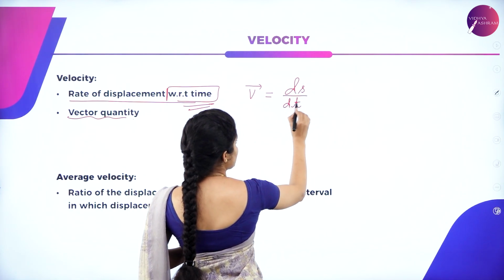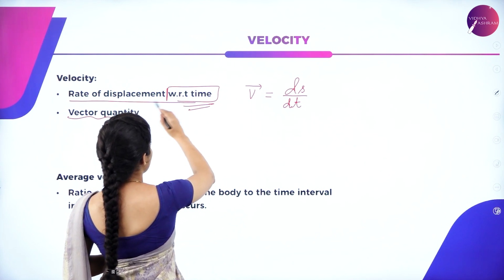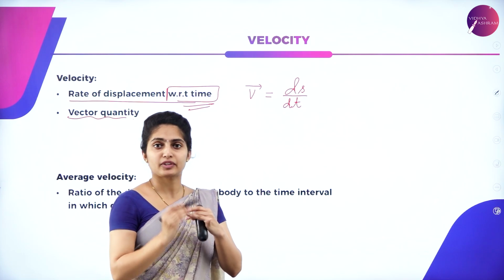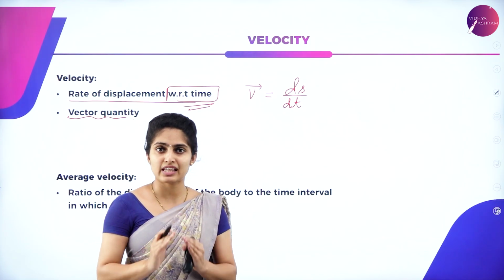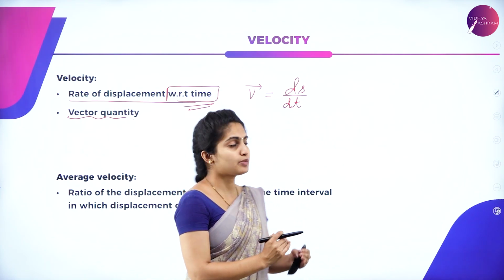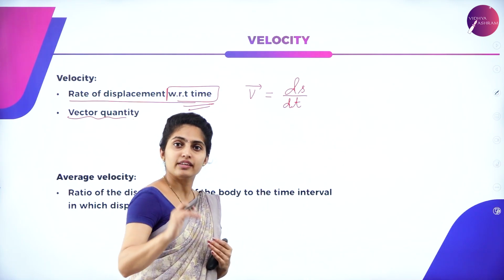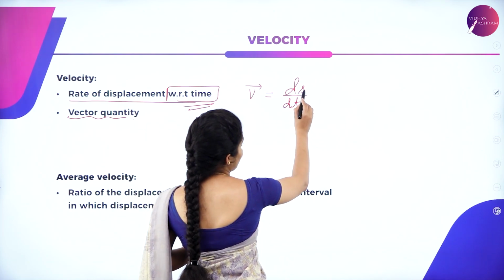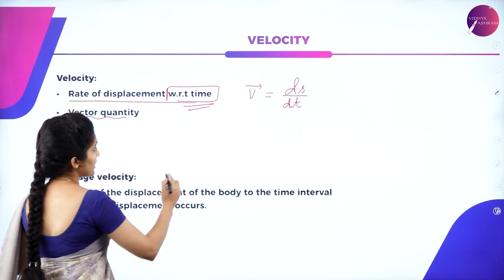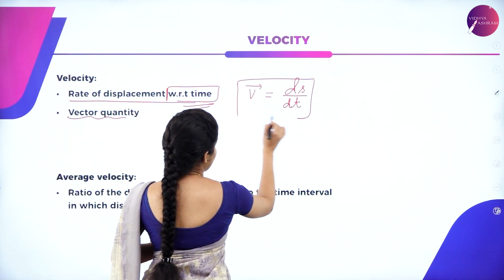Change in position with respect to time is said to be your velocity. There is change in position with respect to change in time, because time is not static. It keeps on moving. With respect to that change in time, there is change in the body's displacement also. That is, the body gets displaced. This is exactly what the relation tells.